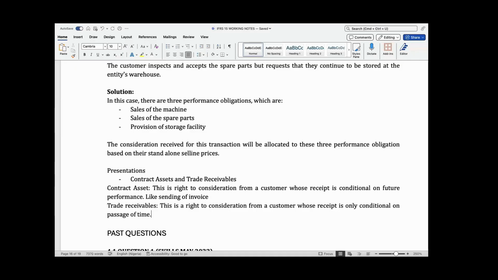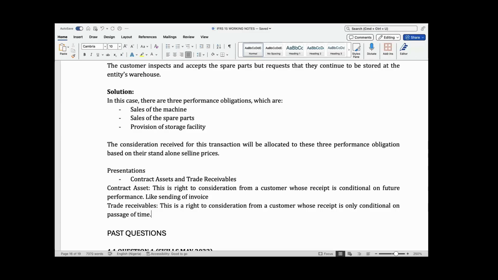It's just for the time they're supposed to pay you to come. Maybe you have agreed that, okay, I will run this service for you, but you pay me in 2 months. You have delivered the service, you have done everything you're supposed to do, nothing else is required from you. Then you can go ahead and recognize a trade receivable. This is when you can truly recognize trade receivable.